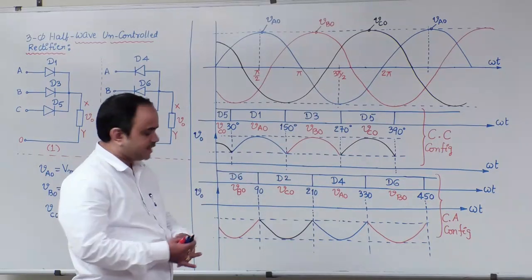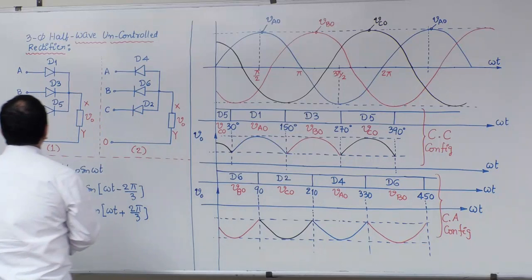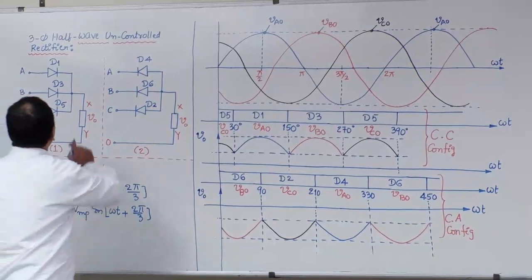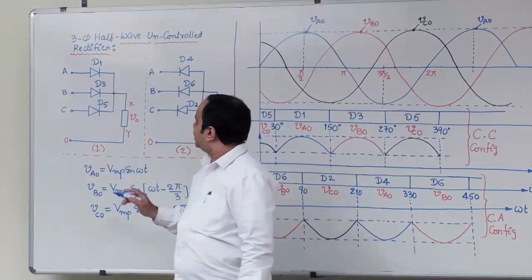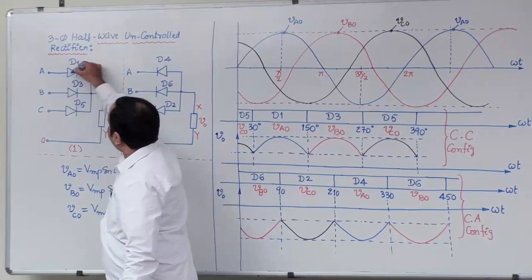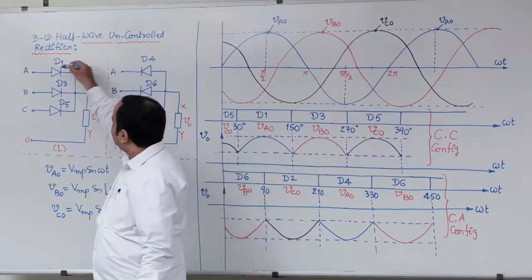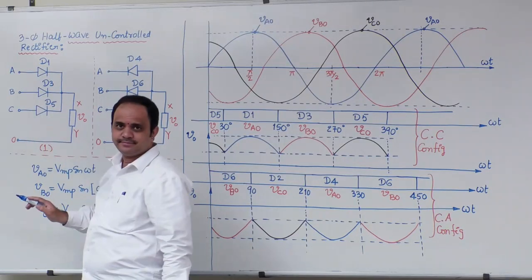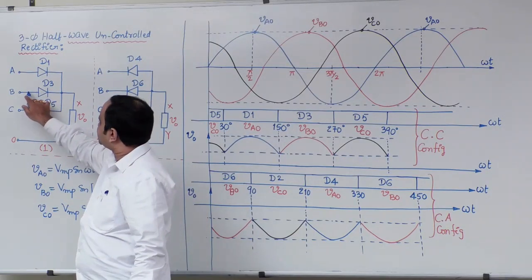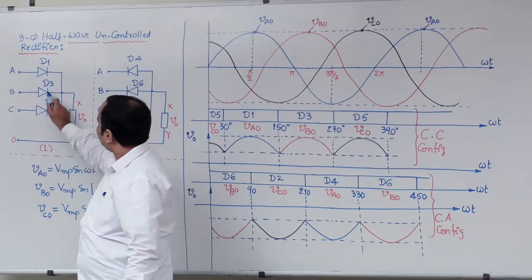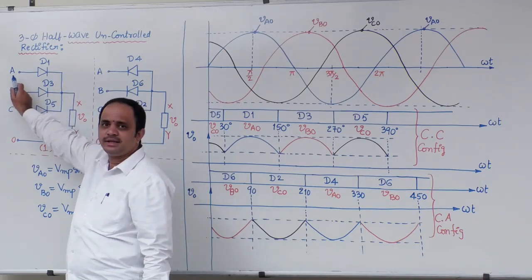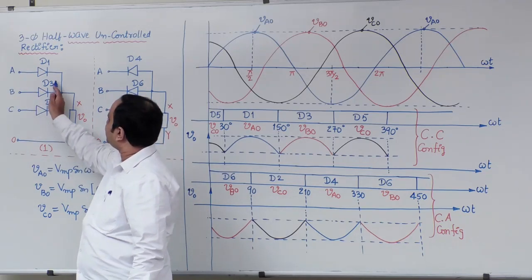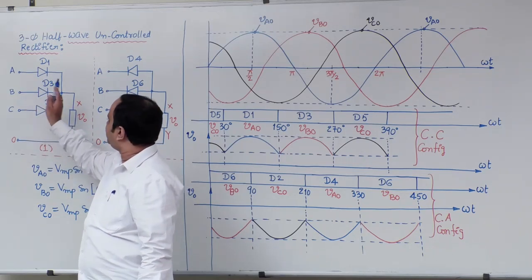Now before moving to the equations, there is one more point. Look at this circuit closely. For example, if D1 is on, what is the voltage across D3? The anode of D3 is connected to B, and the cathode of D3 is connected to source terminal A. So the anode to cathode voltage for D3 is VBA.